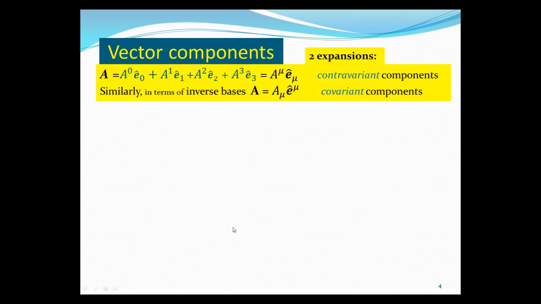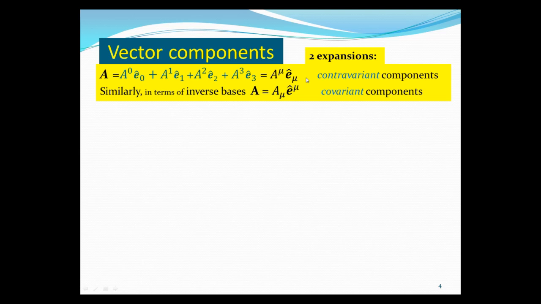Now, the fact that we have two sets of bases, the basis and the inverse basis, therefore, for each vector, we have two distinct kinds of expansions. For example, the normal expansion of vector A in terms of the basis with some coefficient. This time I'll write the coefficient with superscript. So A^mu e_mu, with mu of course repeated, is understood to be summed over.